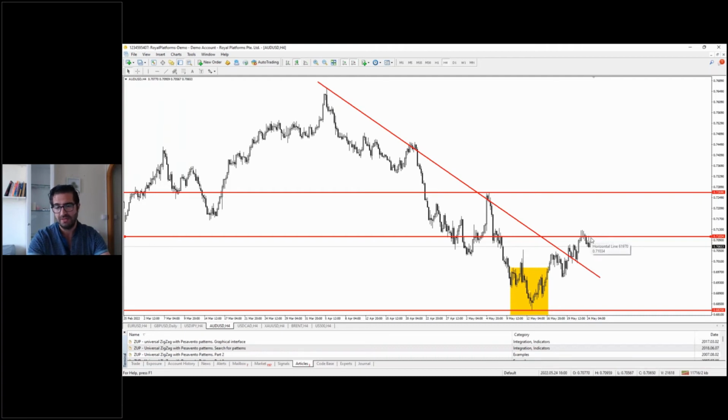If we see a bar with a big body above this area, which is 0.71, this might be a good indication that the buyers will push it further to the upside, all the way up to 0.7269. Okay, so let's see if the market will close above this 0.7103.